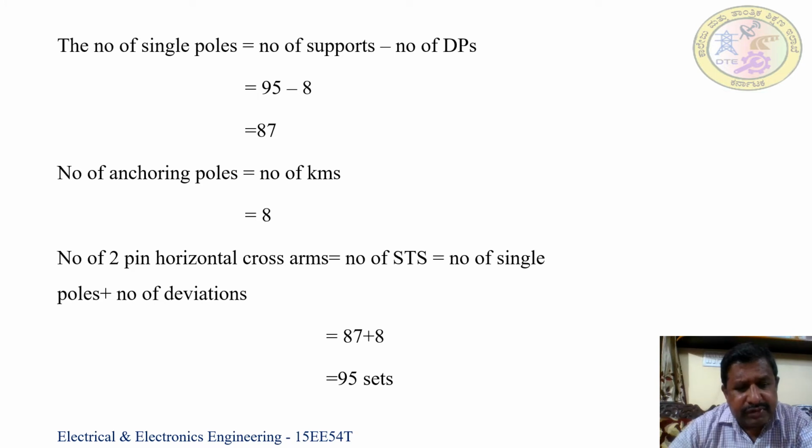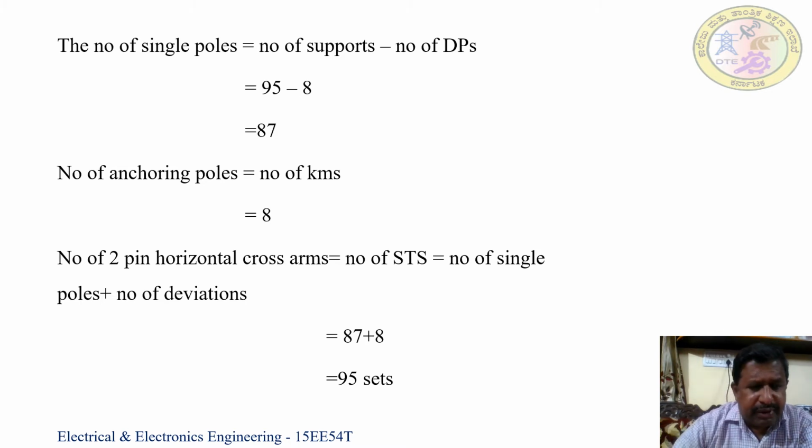Then next item is number of anchoring poles. The anchoring poles are required to break the line. So that is required one number for each kilometer, that is equal to 1 into number of kilometers. So that is 8 numbers for 8 kilometers.